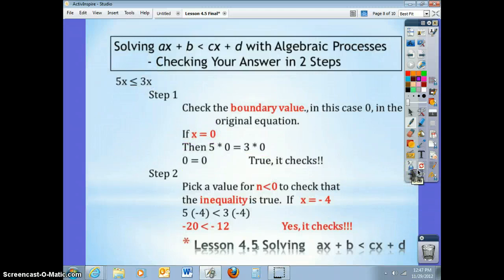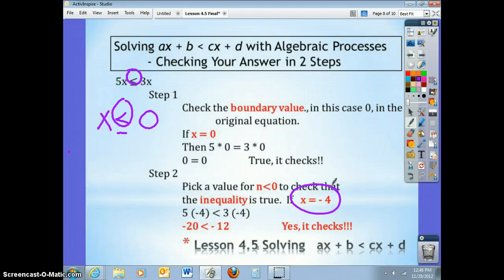Step 2, we have to check that part of our solution. So the x is less than part, we also have to check. So pick a number less than 0 and check it, like -4.